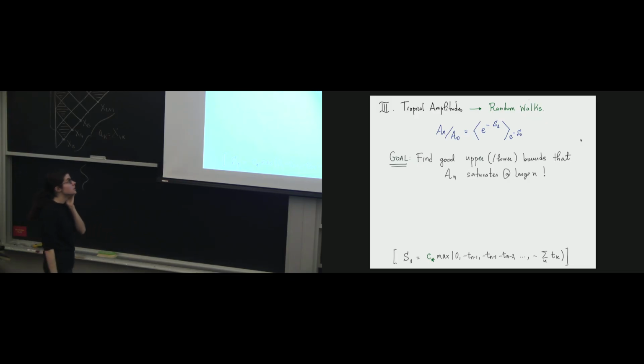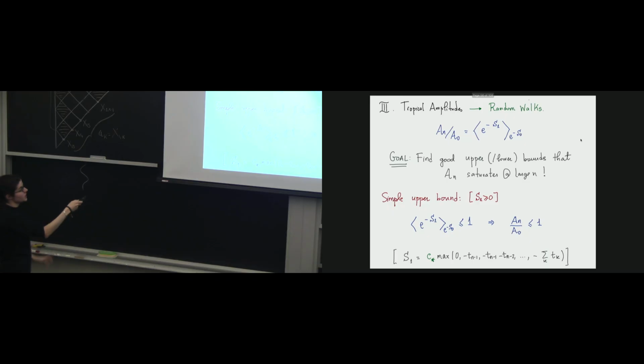From this definition, it's clear that a very simple upper bound that we can come up with is this: since S1 is given by this max and one of the entries of the max is 0, S1 is always greater or equal than 0. Therefore, this expectation value is smaller or equal than 1.